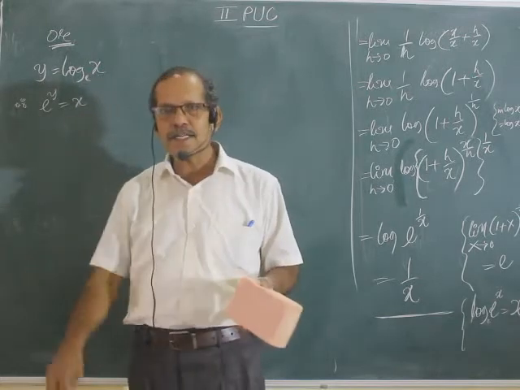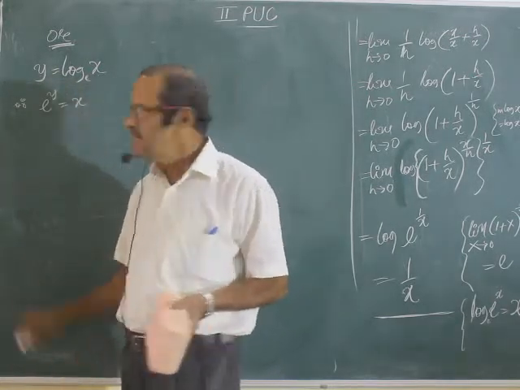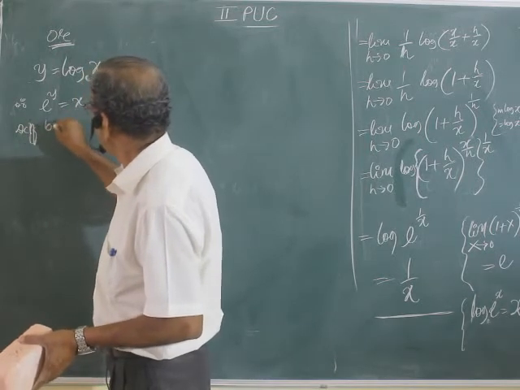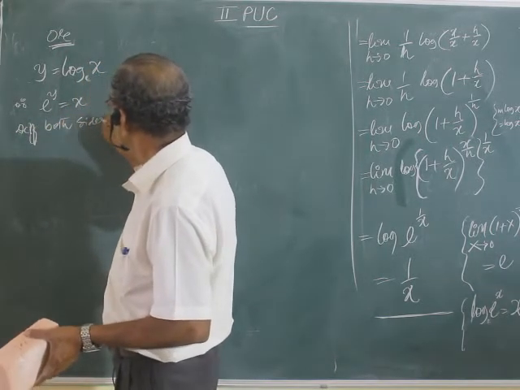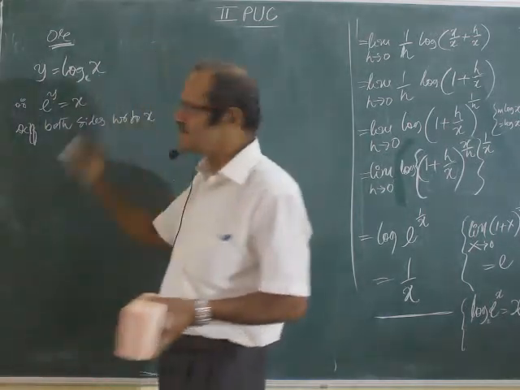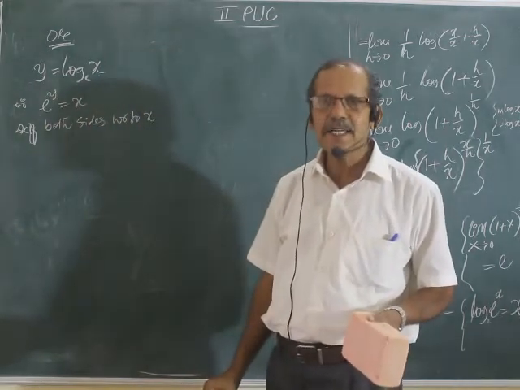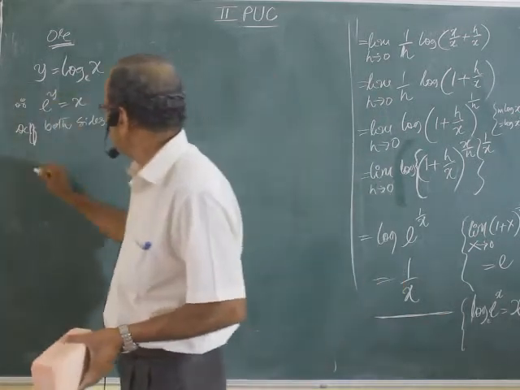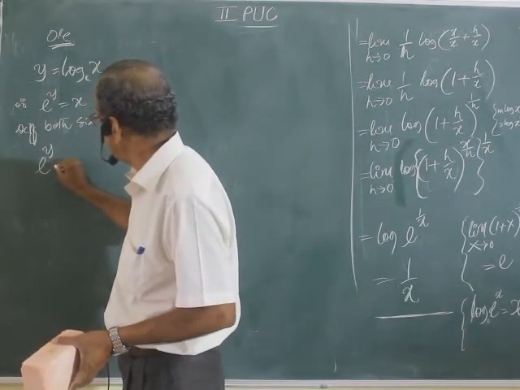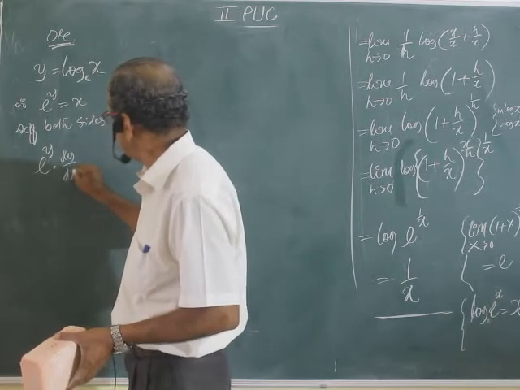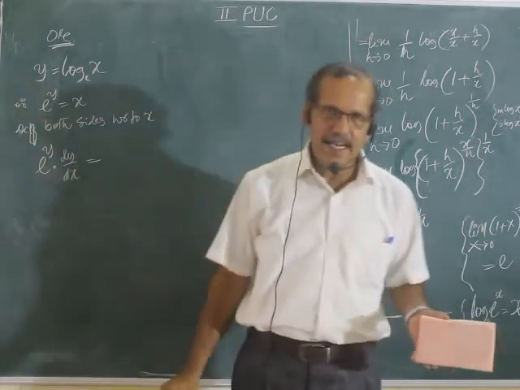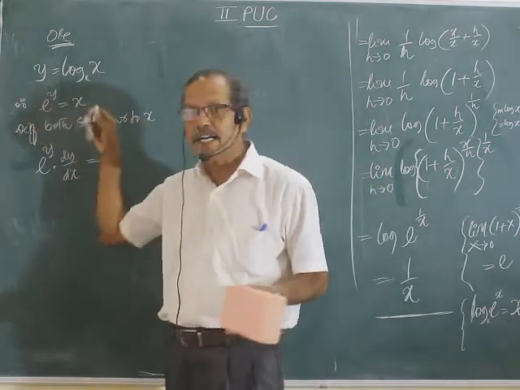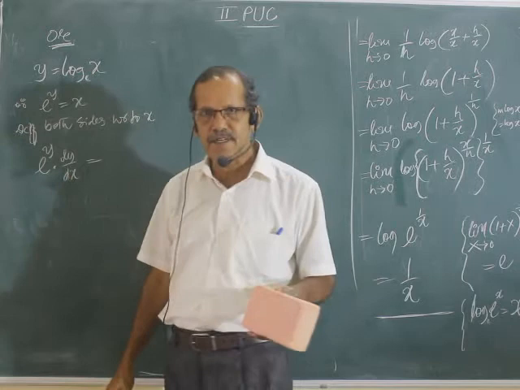Let me use another method to find dy by dx. Differentiating both sides with respect to x. It is an implicit function, just to see here. e to the power y derivative is e to the power y into dy by dx, because the derivative of e to the power y is e to the power y itself.